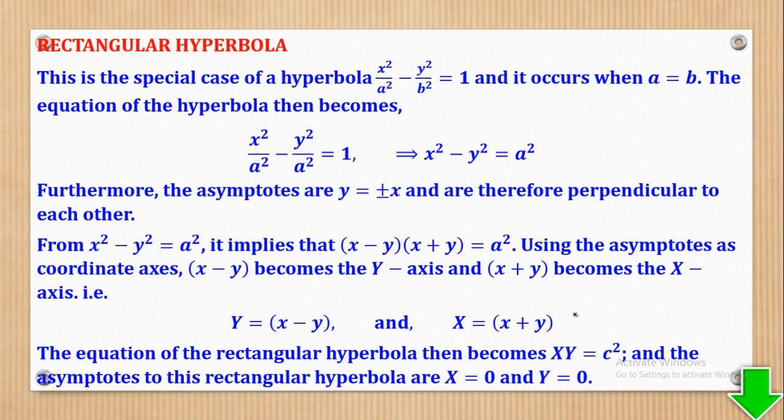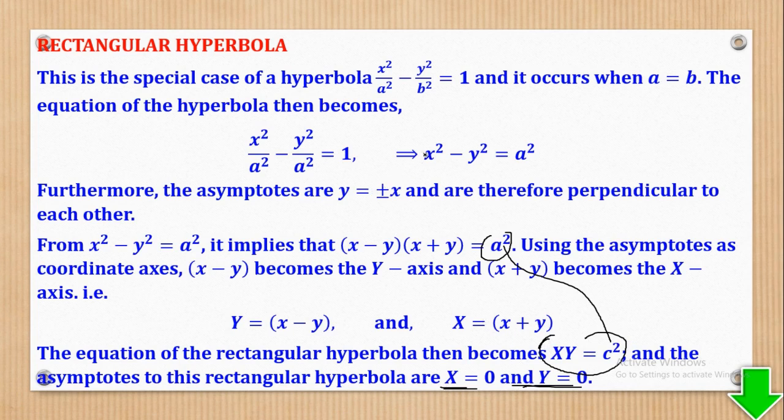But we don't know this C, so we have just replaced this A to become C. And the asymptotes of this rectangular hyperbola are this and this. So when the rectangular hyperbola is in this form, the asymptotes will become x equal to 0 and y equal to 0.